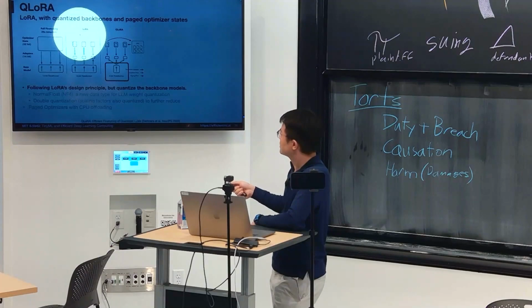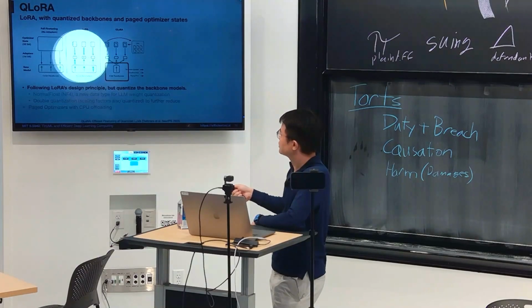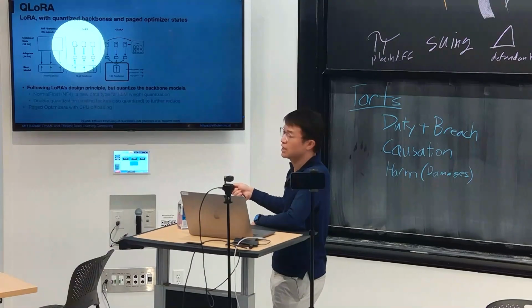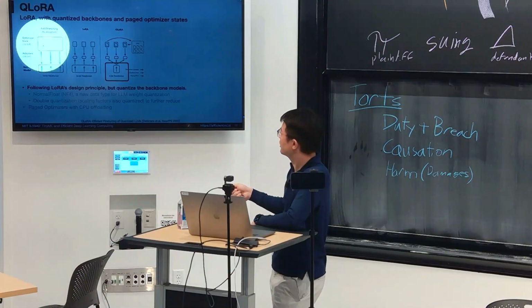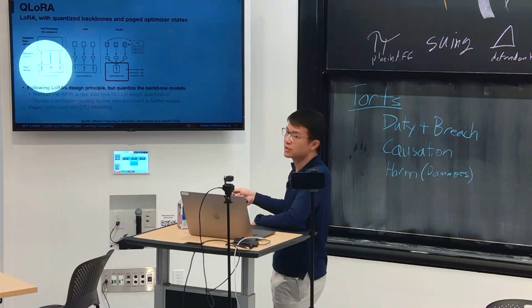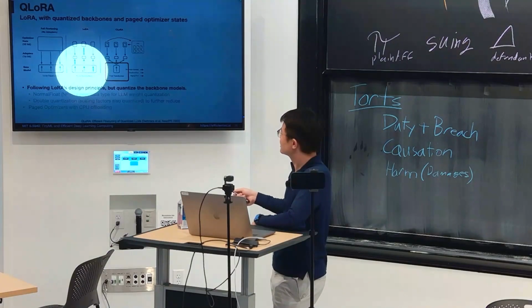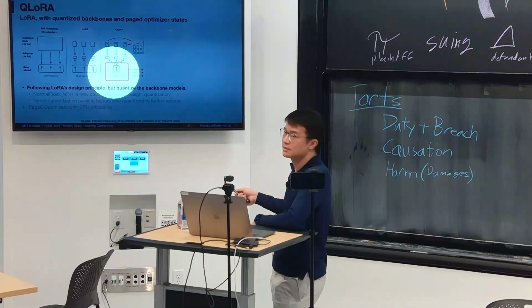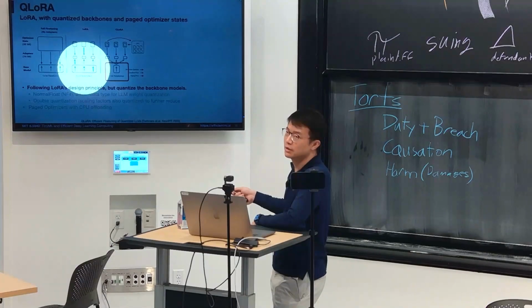So LoRA basically introduced these adapters, okay? 16-bit adapters, which are much smaller thanks to the bottleneck structure. So the optimizer state becomes much smaller compared with before. But the base model is still 16-bit. So QLoRA basically says, can we also quantize the base model to 4-bit, like a 7 billion parameter model?